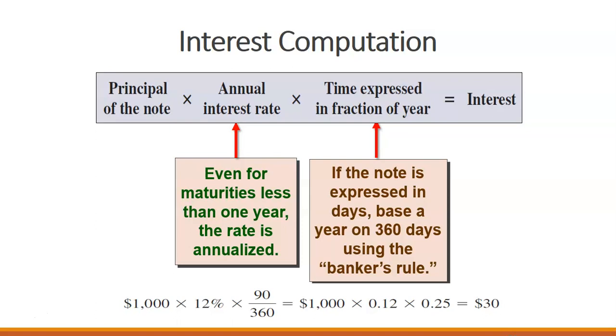So here we have the principal is $1,000. The annual interest rate is 12%. It is a 90-day note divided by 360 days in our accounting year, or $1,000 times 12% times 0.25. So we have $30 in interest over the life of that note.